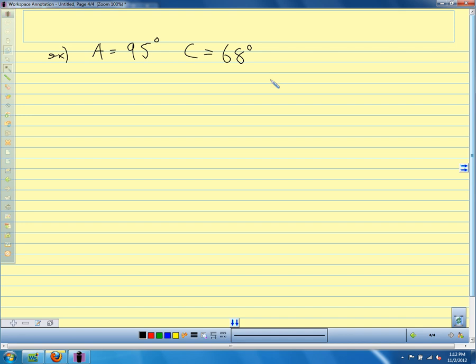We have the side between angle A and C, which is 115 yards long. So we could be talking about a triangular plot of land or something. We want the length of the other two sides.